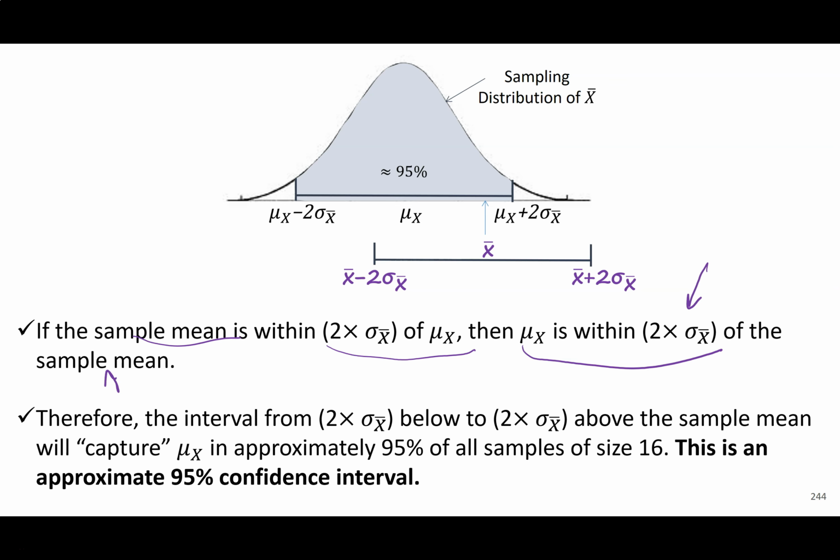So we're going to calculate the interval from x bar minus 2 times sigma of x bar to x bar plus 2 times sigma of x bar. And we anticipate that 95% of the random samples that we do this with will make an interval that has mu in it. So we're really hoping that we have one of the good, 95% samples. We don't usually get to know for sure.